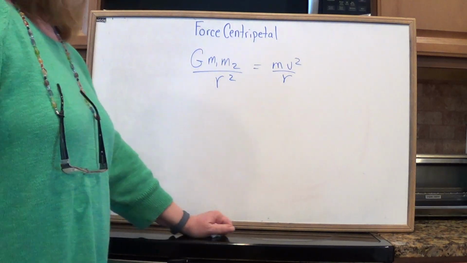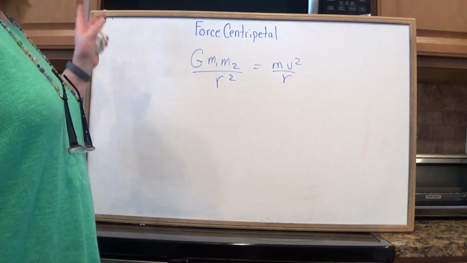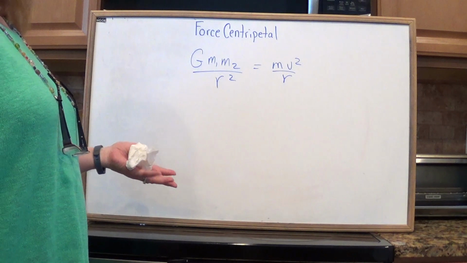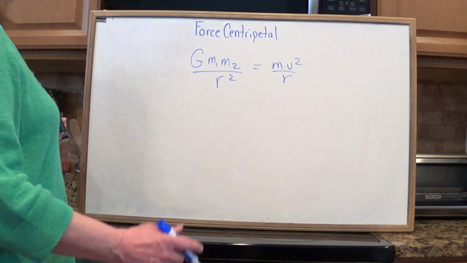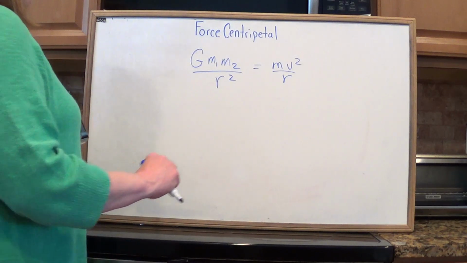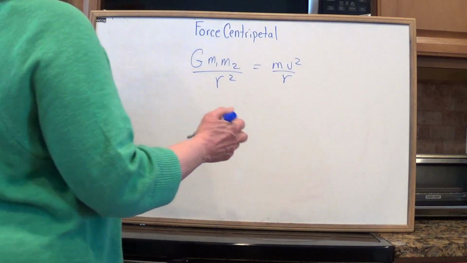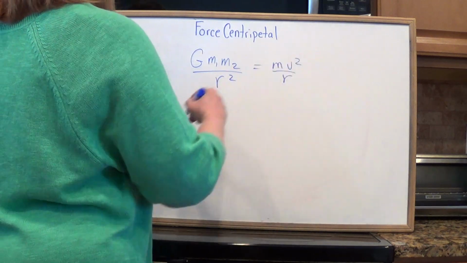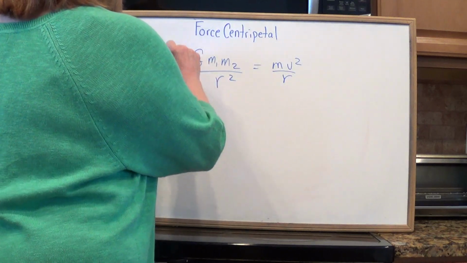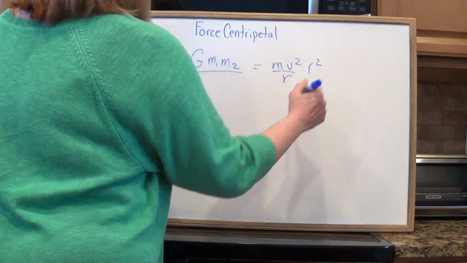Mathematicians, I need you on board now. I would like you to simplify this so we can use a simplified version and just speed up our work. I recommend doing it in the simplified version, but if you want to do it in this version, you will get the same answer as I will. So I'm going to multiply both sides by r squared. That will create an r squared up here, and it'll disappear from here, and it'll create an r squared here.